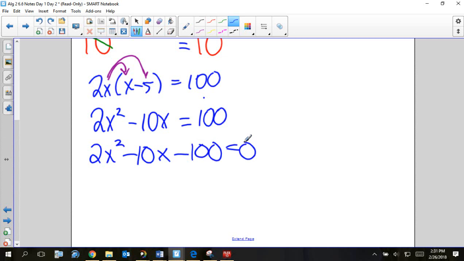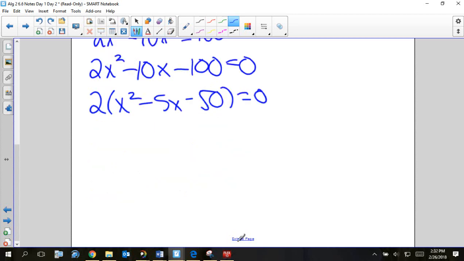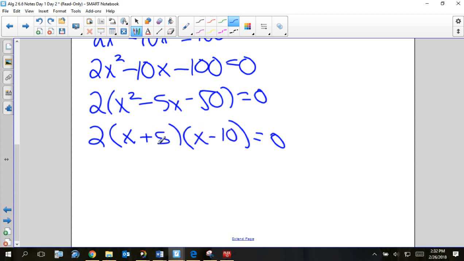This one does factor, so we'll go ahead and factor it. First step of factoring is GCF. Is there a greatest common factor? Yes, 2. Then we have x squared minus 5x minus 50. Then we're going to factor with guess and check. So this will be x and x, one plus, one minus. I'm going to get the minus 10 and the plus 5.